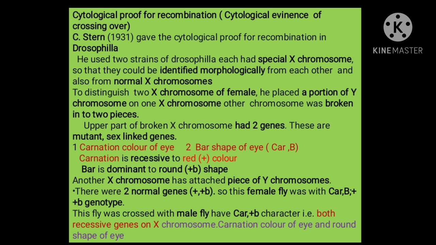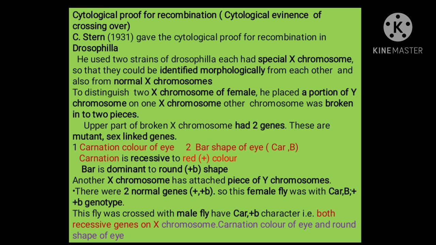To distinguish the two X chromosomes of the female, he placed a portion of Y chromosome on one X chromosome. The other chromosome was broken into two pieces. The upper part of the X chromosome had two genes. These are the mutant or sex-linked genes.